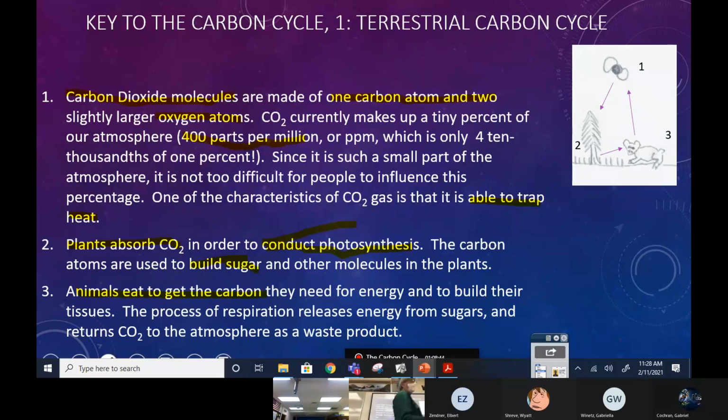Like our muscles are largely made of carbon atoms. Our DNA is mostly carbon. Then respiration returns CO2 to the atmosphere.